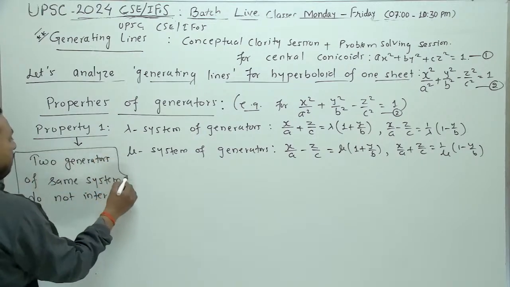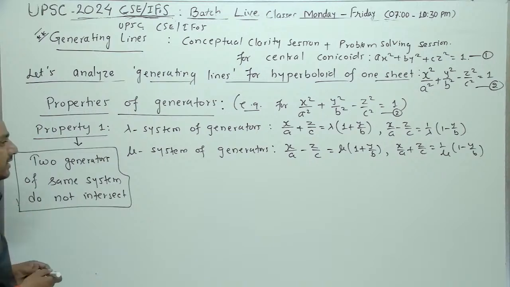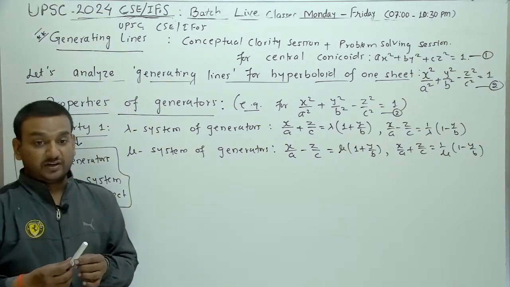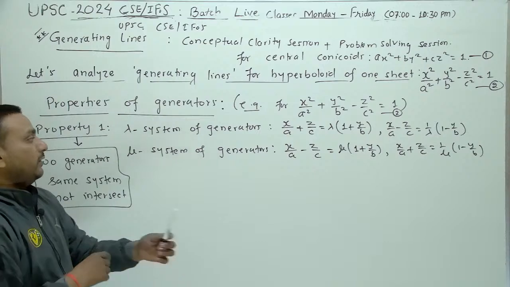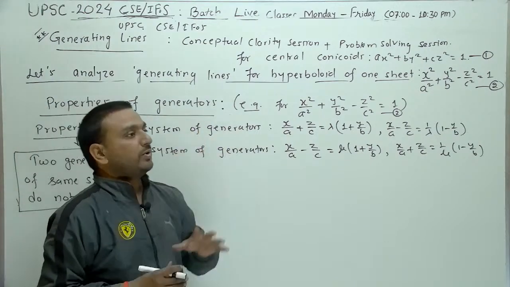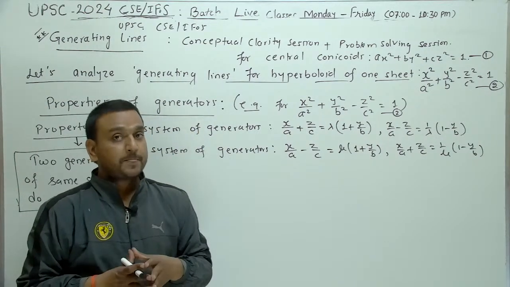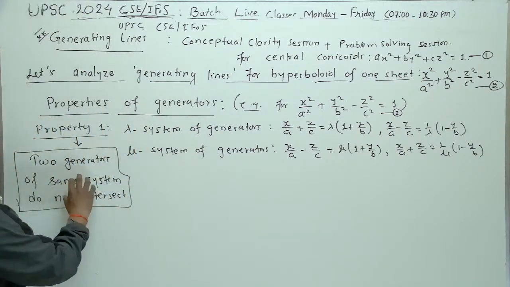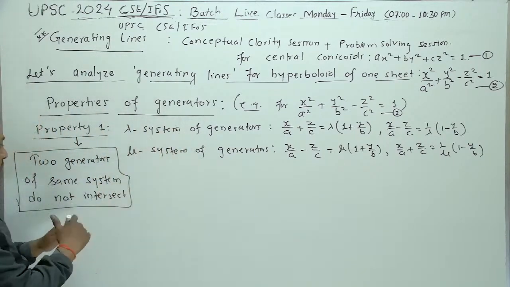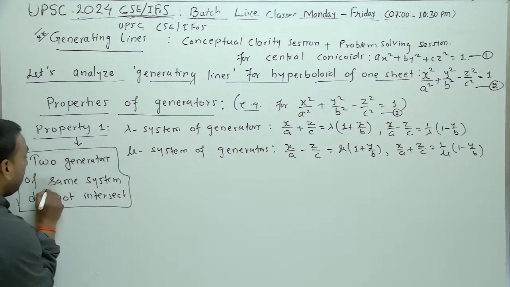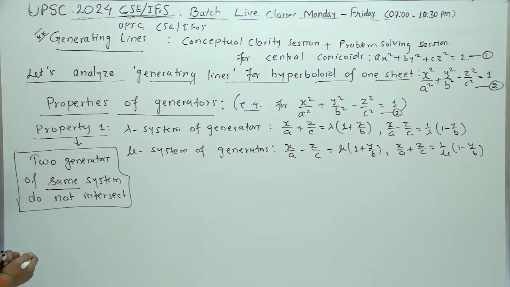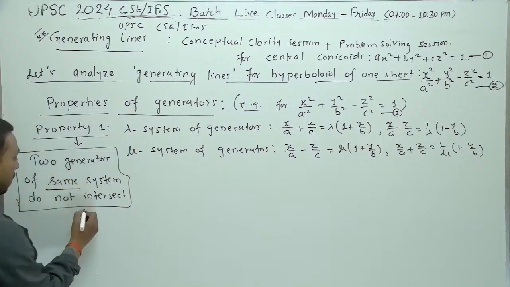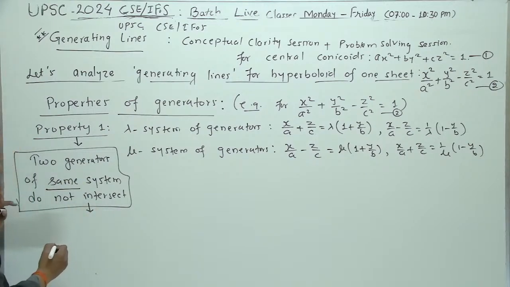If you talk about generators, ध्यान से देखिएगा, if you talk about the lambda system of generators, ध्यान से देखते रहिएगा इस चीज को कि what does this mean? Don't confuse. I am talking about this and this. No, two generators of the same system.